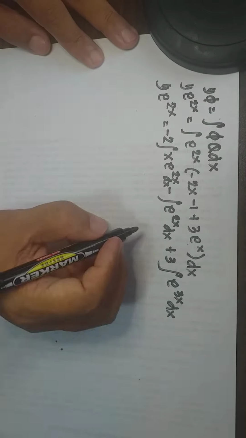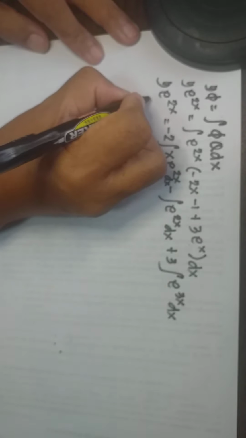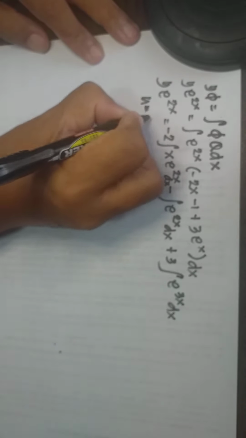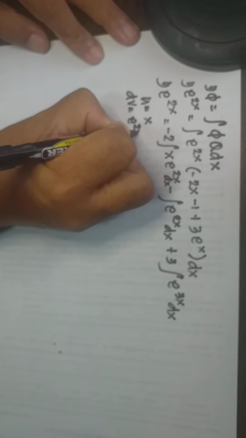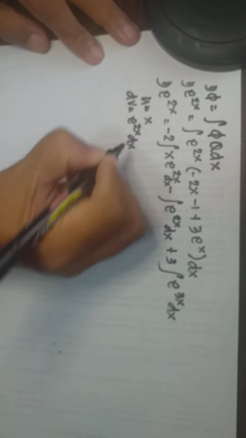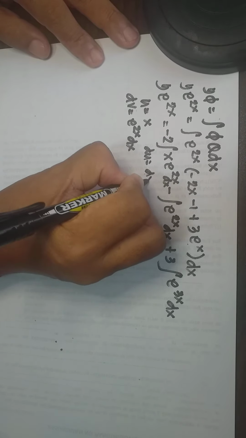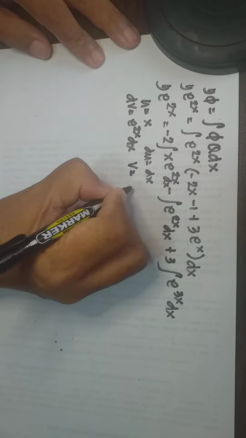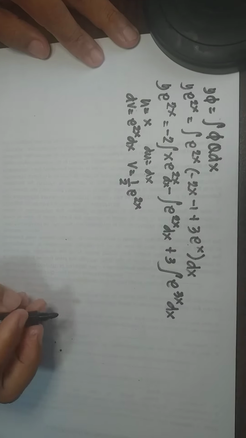So again, this is integration by parts, wherein we have u is equal to x, dv is e to the 2x dx. Your du is equal to dx, and your v is equal to 1/2 e to the 2x.